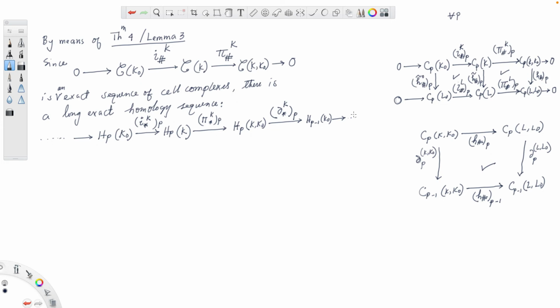This is a long exact homology sequence, okay. All right, we denote this long exact homology sequence by equation number 6.